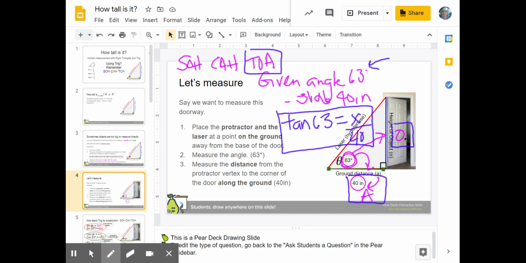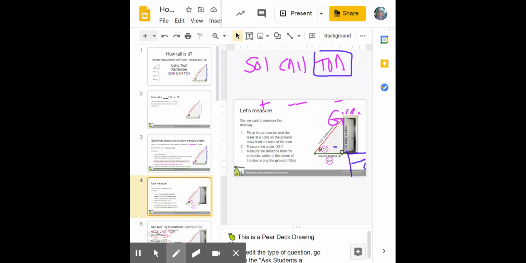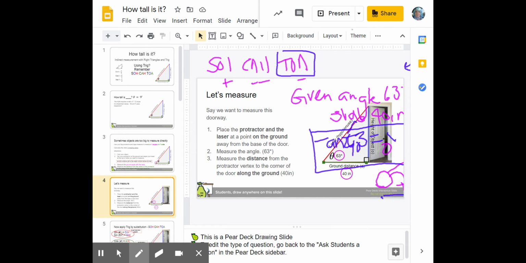That's what happens when I have too many tabs. So if we come over here, we're going to do tangent of 63 equals x over 40. Where's my answer? Why doesn't it give me an answer this time?